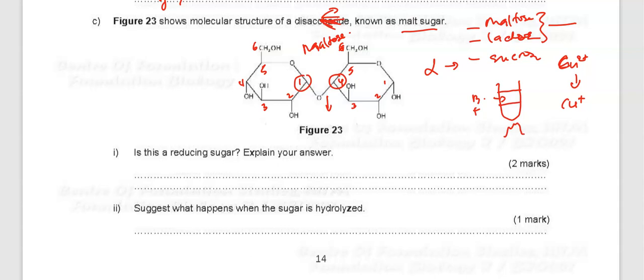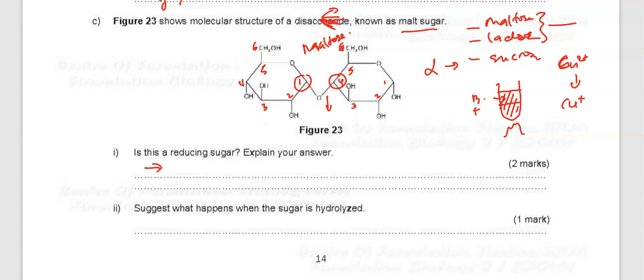If the mixture changes color from blue to brick red, for example, it indicates that your sample contains reducing sugar. So in this case, is maltose a reducing sugar? Yes, it is a reducing sugar. So 2 marks. For the first point, your answer will be yes, you get 1 mark. Why?